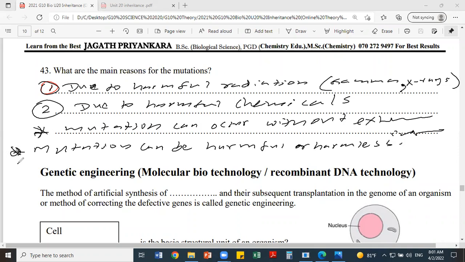And one more thing you can write here: mutations that occur in the gametes are always transferred to the next generation.